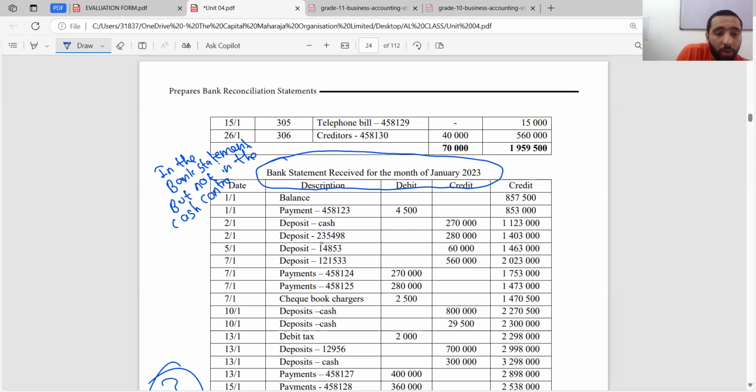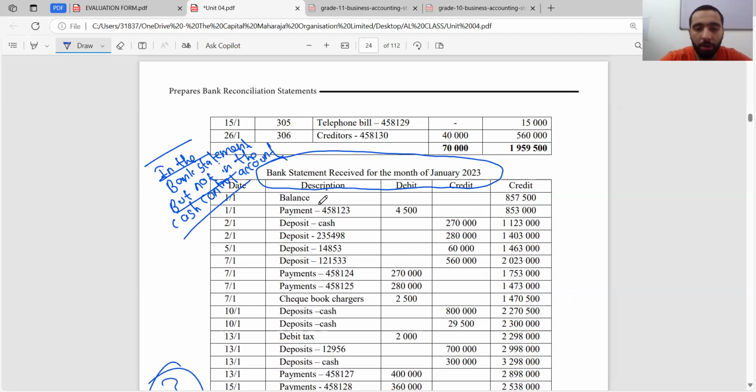You have to identify items that are in the bank statement but not in the cash control account. Very simple one.